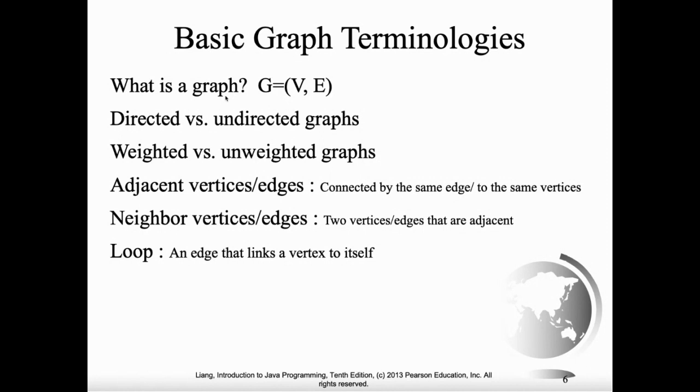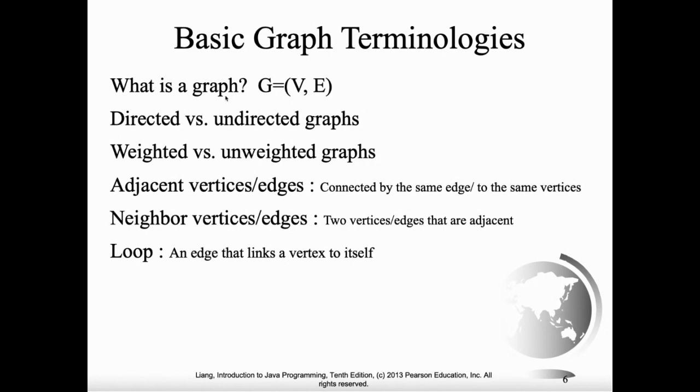Neighbors are two vertices or two edges that are close to each other, adjacent to each other. Basically, I can go from one node to another node through one edge, which makes those two nodes neighbors. Or I can go from one edge to another edge through one single node, which makes those two edges neighbors.